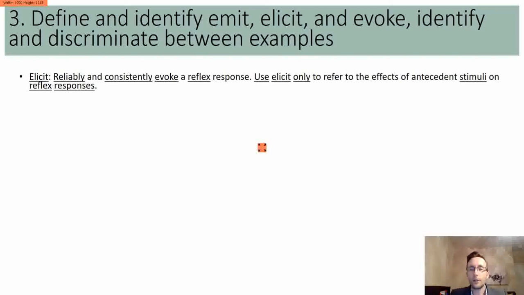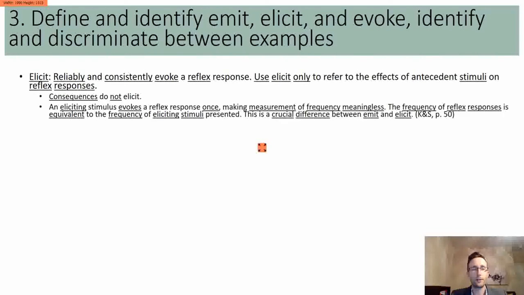Use elicit only to refer to the effects of antecedent stimuli and reflex responses. Consequences do not elicit. All right, so we don't use the word elicit to refer to the effects of consequences. An eliciting stimulus evokes a reflex response once, making measurement of frequencies meaningless.